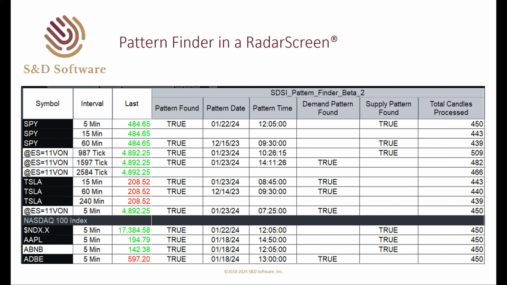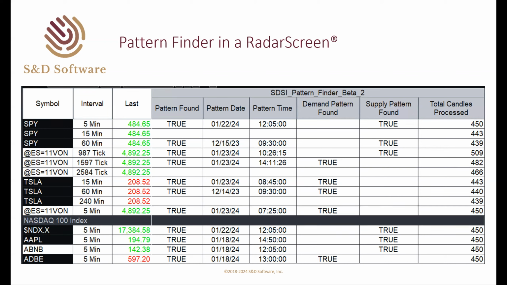The first column here underneath the pattern finder is called pattern found. This is something that's actually for use in the TradeStation scanner. In the radar screen, we have the two other columns, the demand pattern found or the supply pattern found.